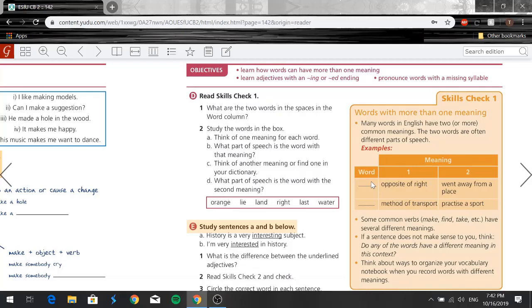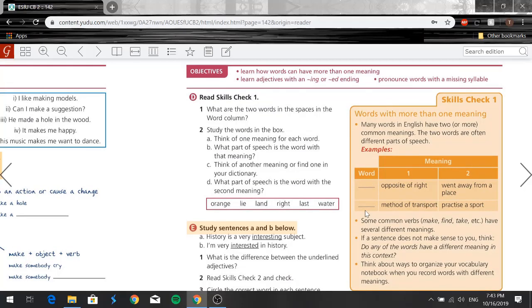Two, it's a method of transport, and it's also to practice a sport. Well, here we'll say train, right? Because train is a method of transport, and it also means to practice a sport. So that, you guys, is what it means when a word has two meanings, right? It's used in different places or different parts of speech, okay?